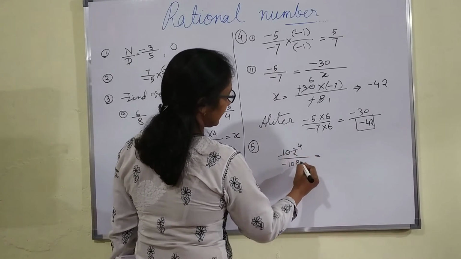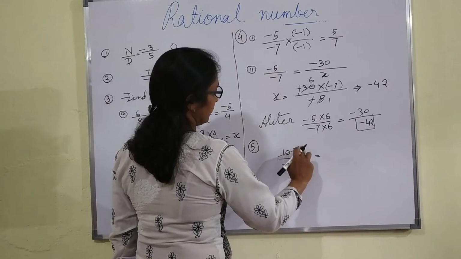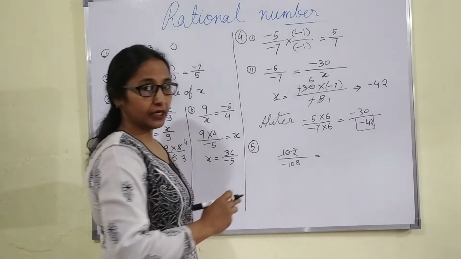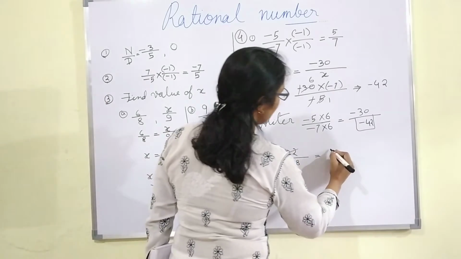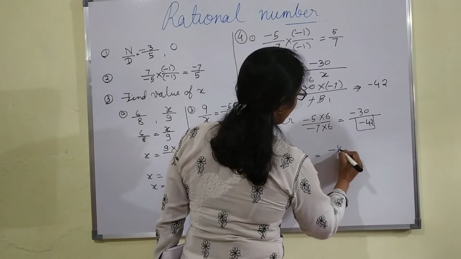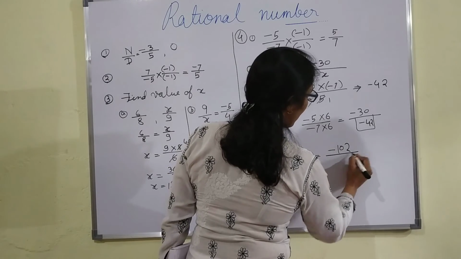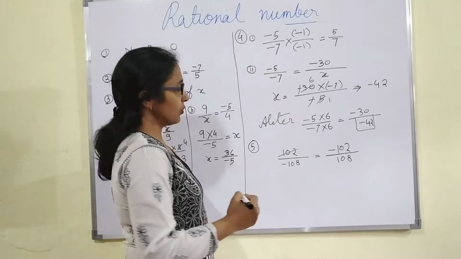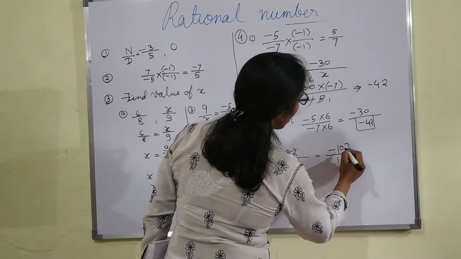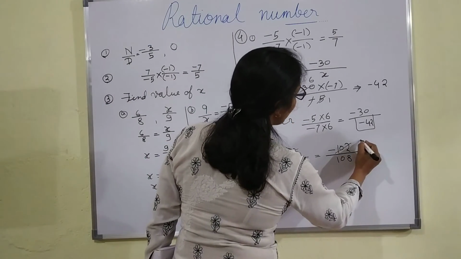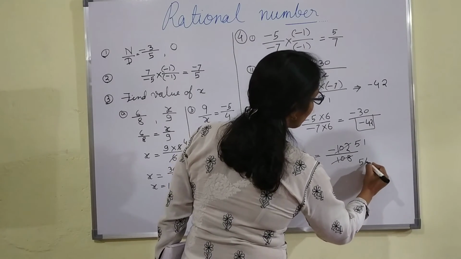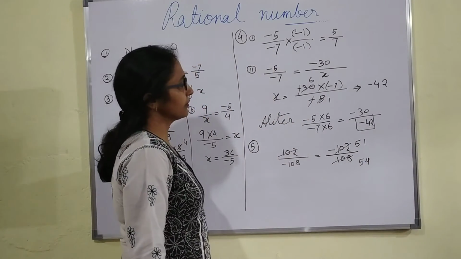First of all, we will make the denominator positive. So it will become minus 102 upon 108. Now we will simplify it. 2 5s are 10, 2 1s are 2, 2 5s are 10, 2 4s are 8.